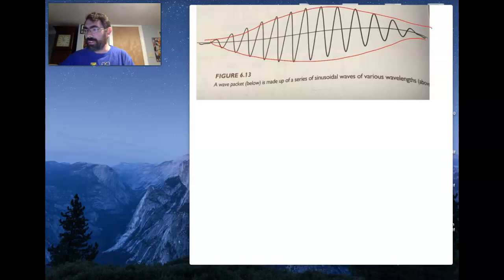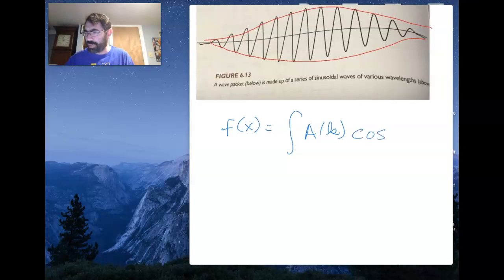Okay, now what does that mean in terms of what we're talking about with this Fourier series? Well, the neat thing about the Fourier is that there is also something called a Fourier transform, where I can write my function f as a function of the information in the wavelength space, so a function of the wave number, A(k), times this transformation of a cosine kx, and then integrate over all space, dk.